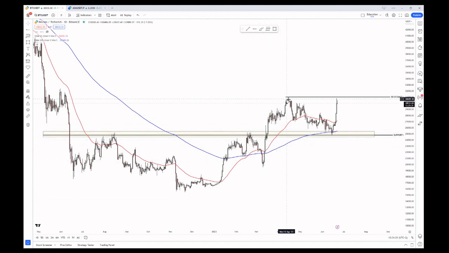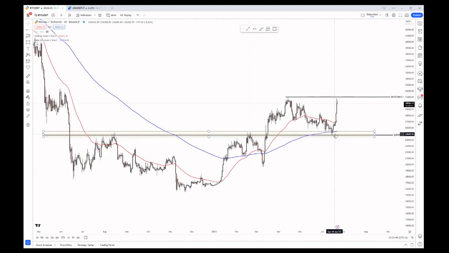So you see it breaking through here, and in the last couple of days it went back down, and it was a support and resistance flip. That's what you call that. Former resistance, this area, turned into support. You see, it came here with the 200 EMA, and also this former resistance area, which has now turned into support.